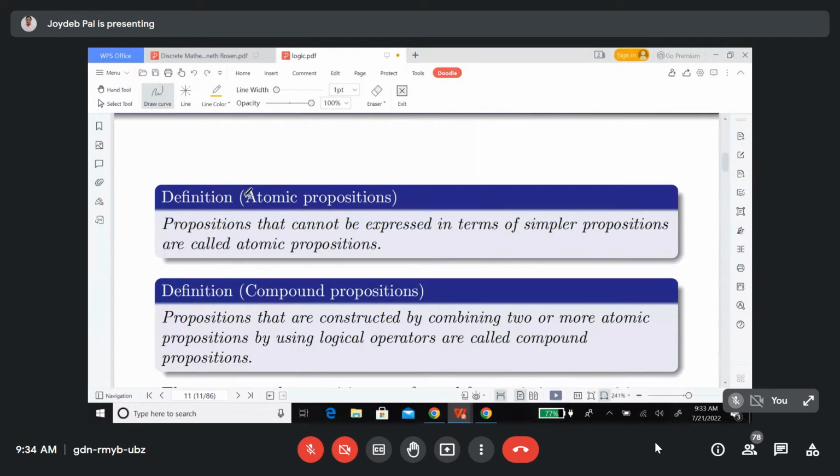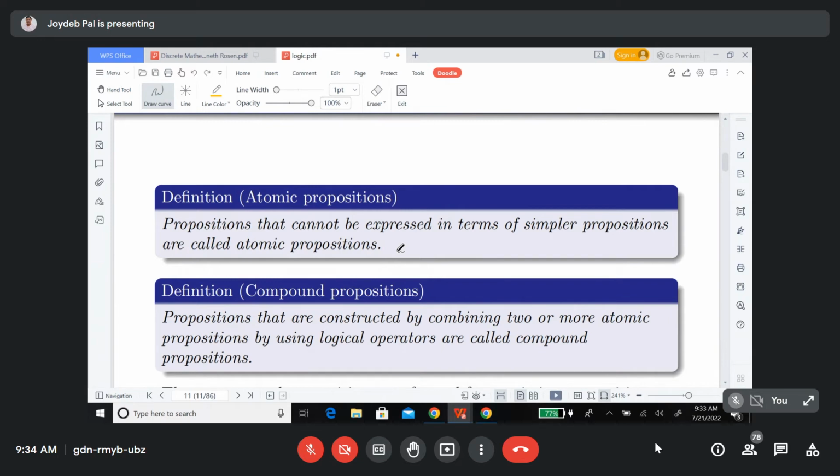Atomic means what? देखो ये एक्चुअली नाम से ही पता चलता है. एटॉमिक मींस जिसको तोड़ा नहीं जा सकता, राइट? दैट इज द स्मॉलेस्ट पार्ट, जिसको और तोड़ा नहीं जा सकता. तो यू नाउ यू कैन सी द डेफिनेशन. एटॉमिक प्रोपोजिशंस क्या है? तो प्रोपोजिशंस दैट कैन नॉट बी एक्सप्रेस्ड in terms of simpler propositions are called atomic proposition. मतलब एक प्रोपोजिशन को अगर हम लोग एक से ज्यादा प्रोपोजिशन के टर्म में नहीं लिख सकते, देन इट इज एटॉमिक प्रोपोजिशन.